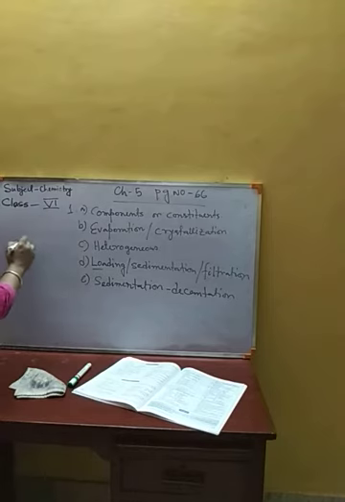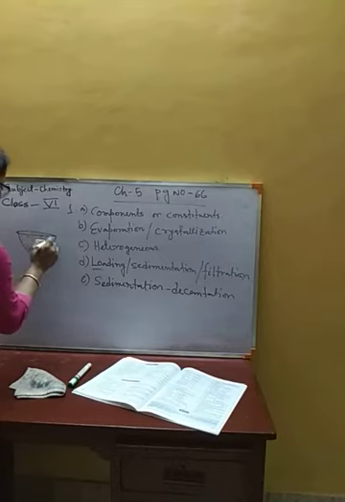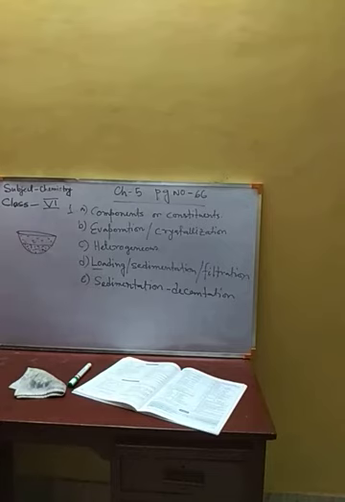Suppose in a bowl you are doing that, so this is the rice, and here this is the water. So water we will decant, and we can get the sedimented cereals, rice and other things. In this manner we can separate.